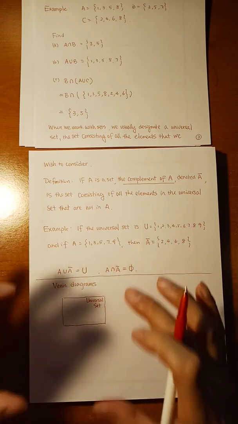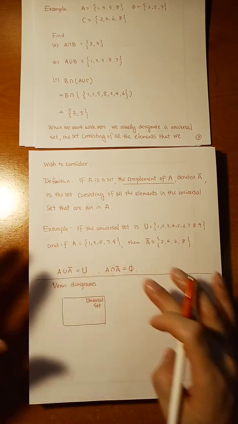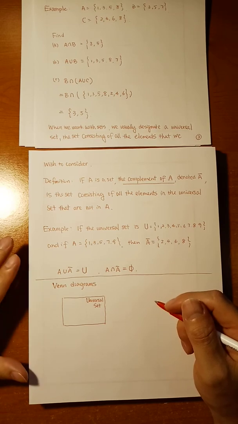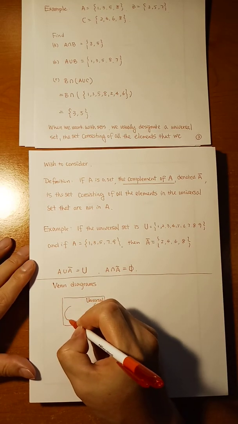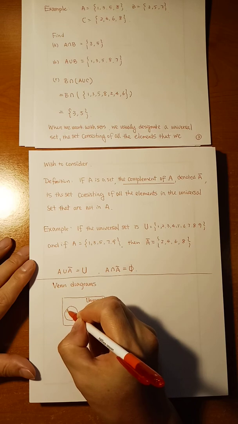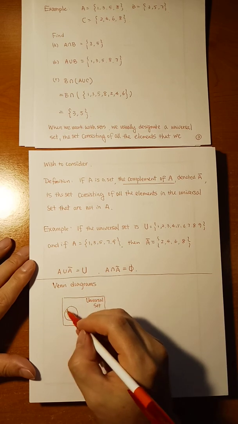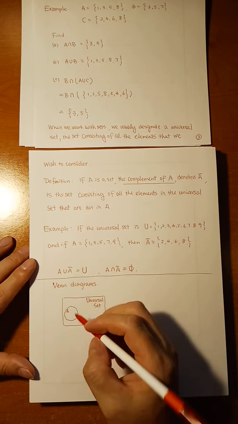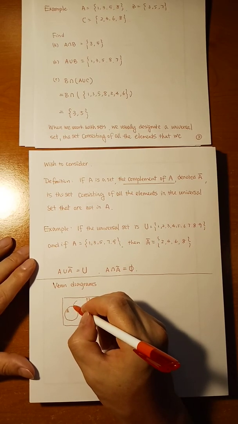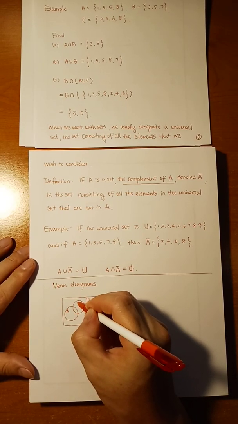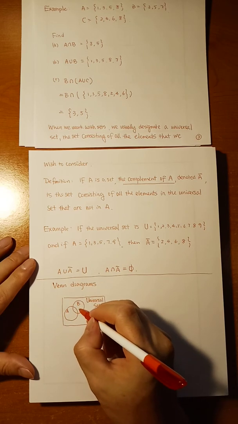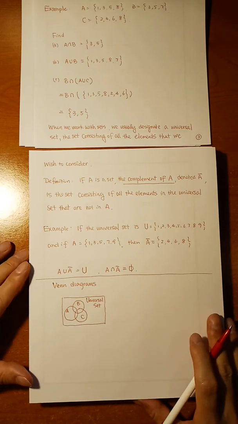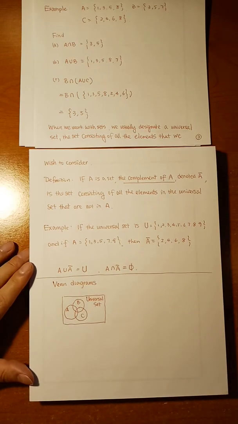So this whole thing is a universal set. We only consider the region inside the rectangle. And then we draw circles. It's a set A. It means elements totally inside this circle A. If you have another set, it will be B. Or you have a third set, it will be C. So this is the so-called Venn diagram.